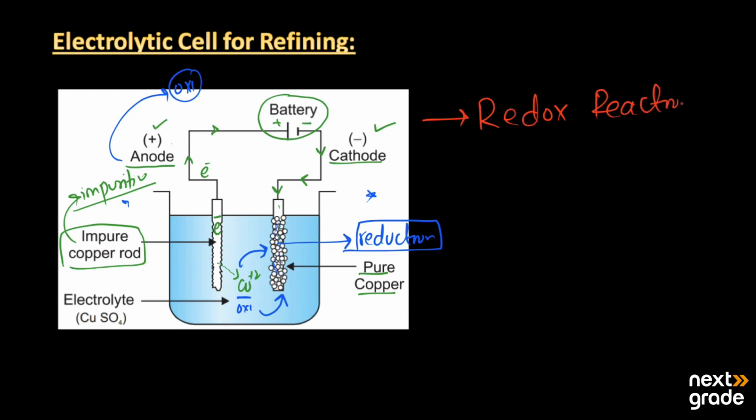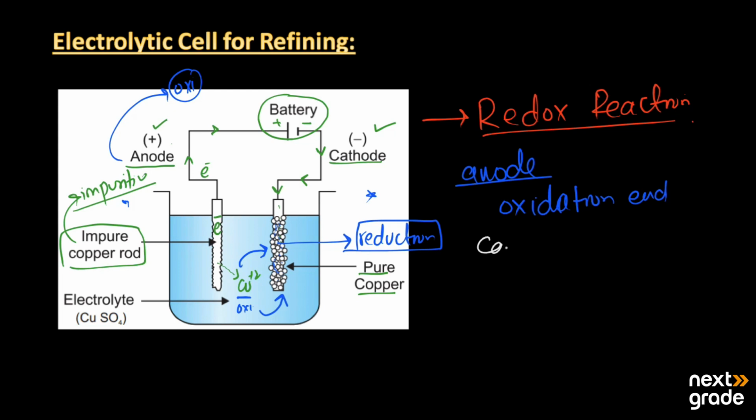And the most important thing that you need to learn is that the anode always acts as the oxidation end. On the other hand, the cathode side always works as the reduction end, and the electrons will always move from anode to cathode. This is the flow of electrons that you must keep in mind.